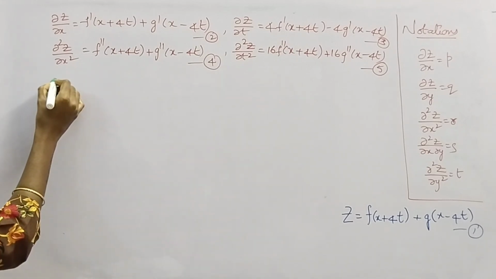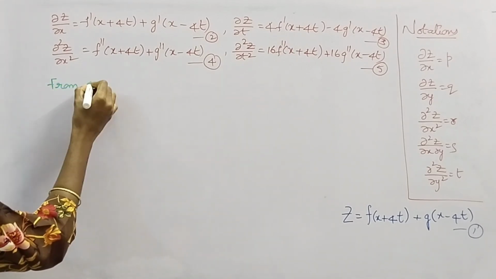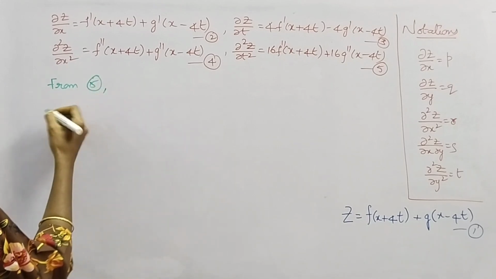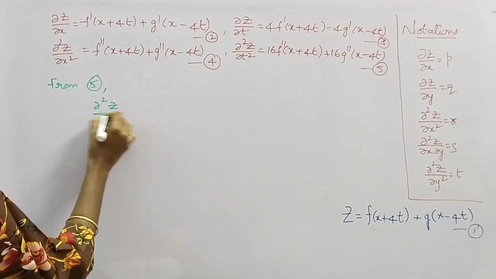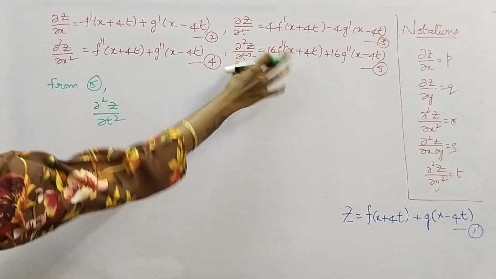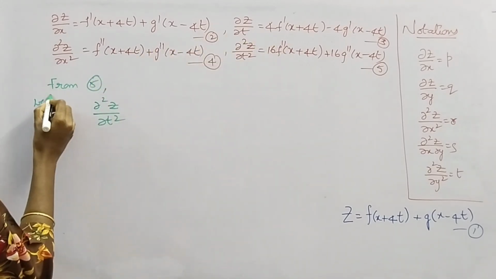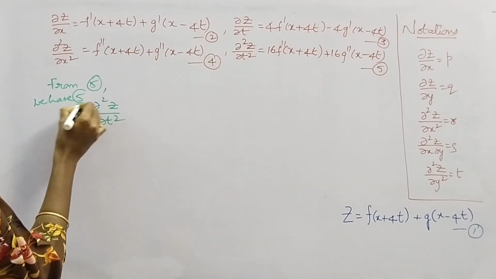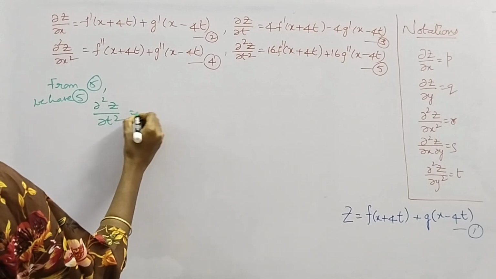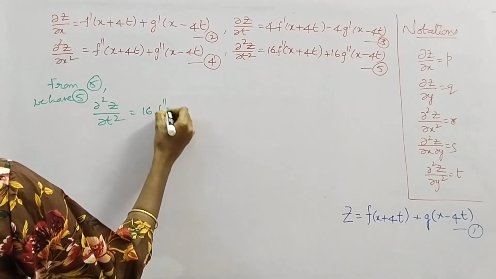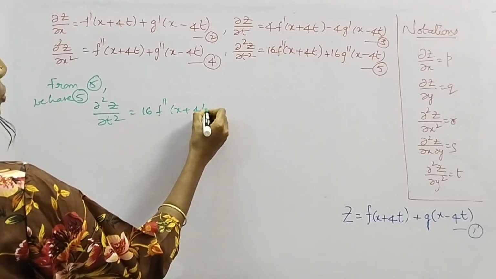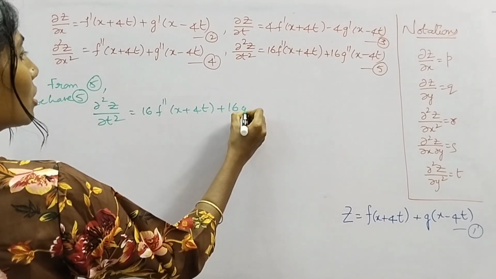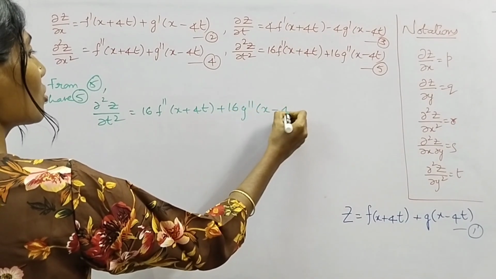From equation 5, we have dou square z by dou t square equal to 16 f double dash of x plus 4t plus 16 g double dash of x minus 4t.